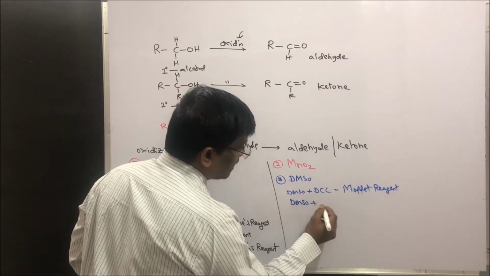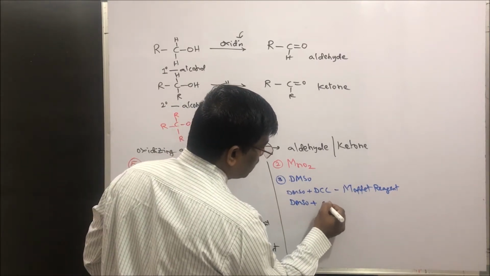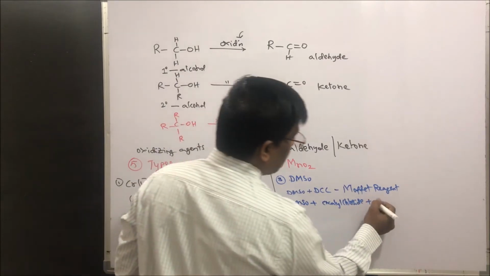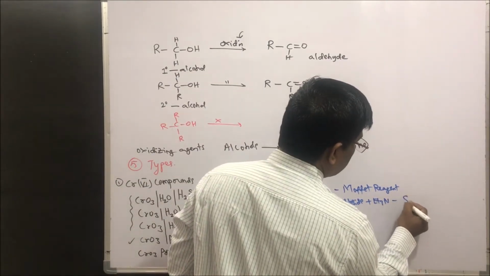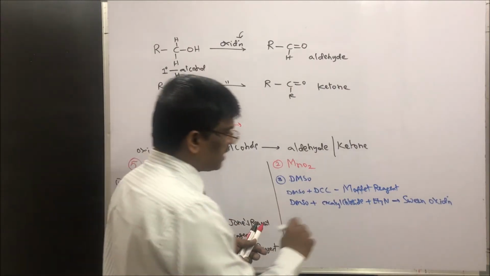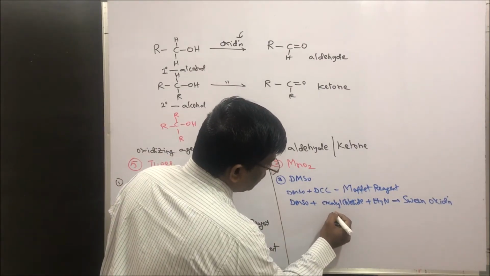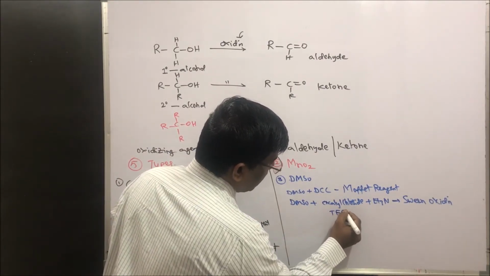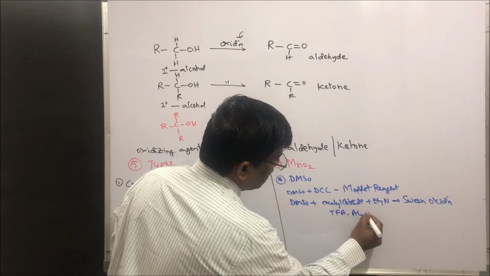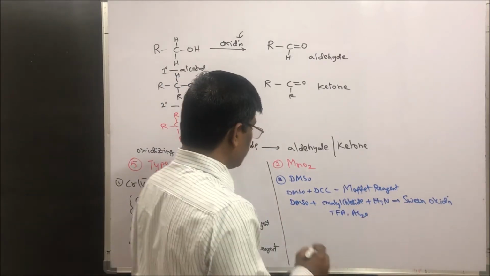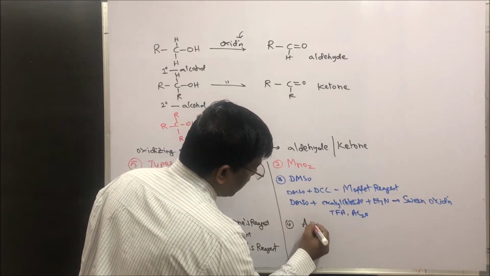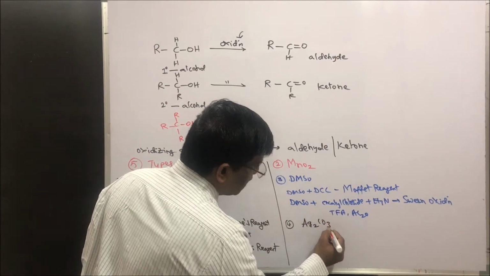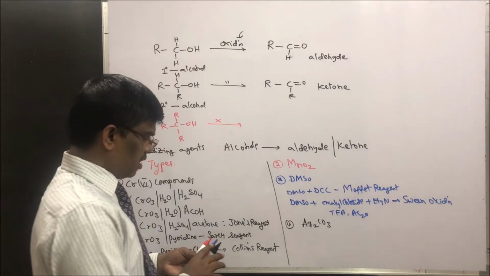DMSO plus oxalyl chloride plus triethylamine is known as Swern oxidation. In place of oxalyl chloride, I can use TFAA, trifluoroacetic anhydride, or acetic anhydride. The fourth category is silver carbonate, Ag2CO3.